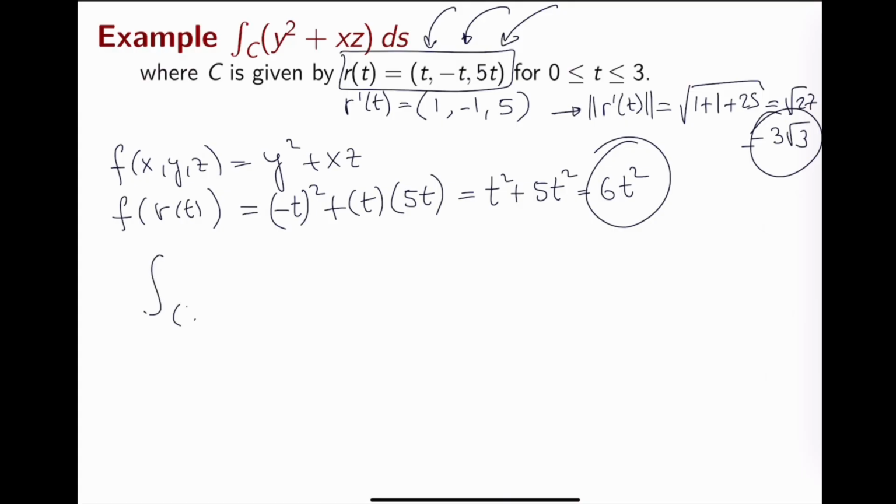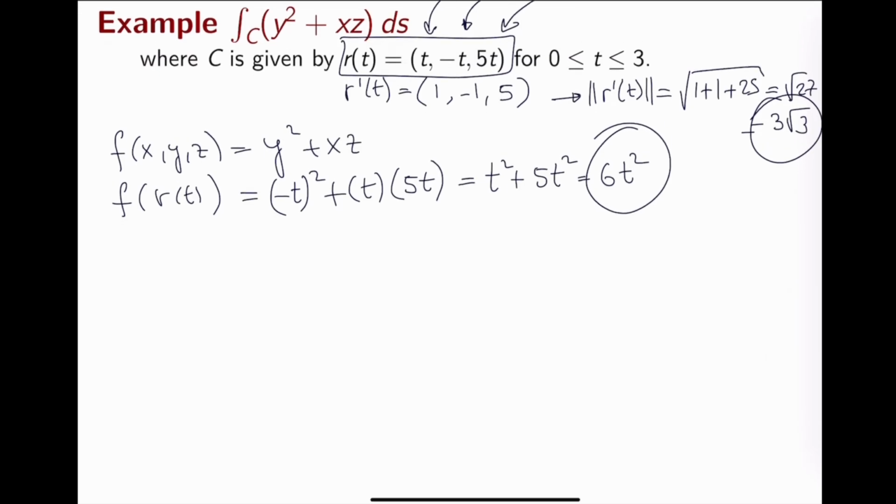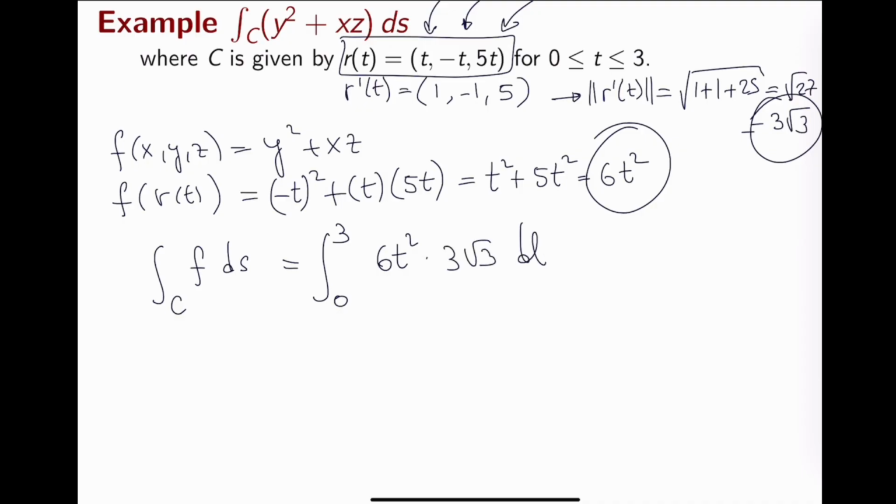So the integral over c of this function is going to be equal to the integral from 0 to 3 of the function 6t squared times 3 square root of 3 dt.